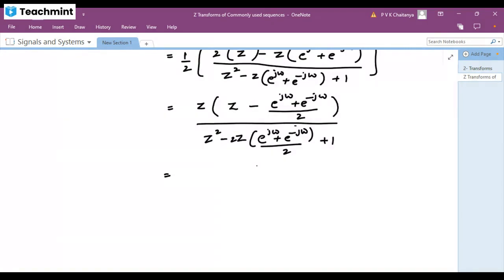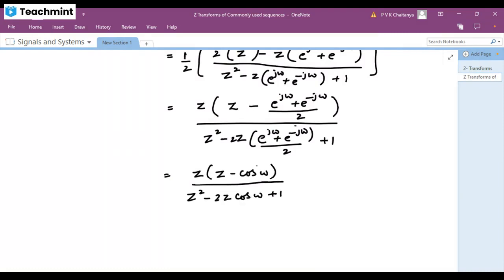So I can write this as z into z minus cos omega by z square minus 2z cos omega plus 1.